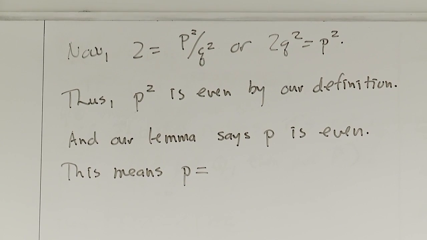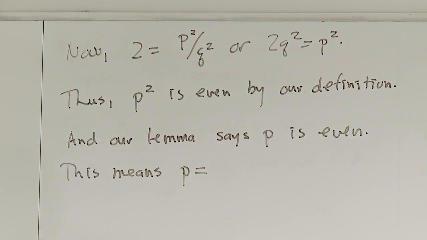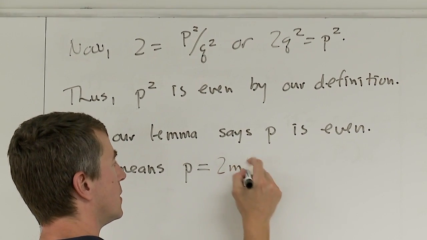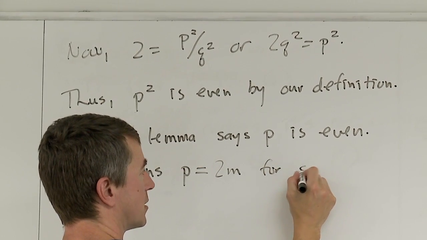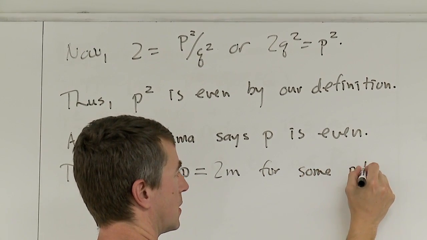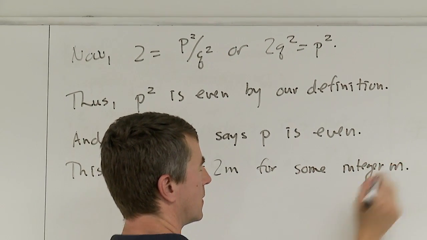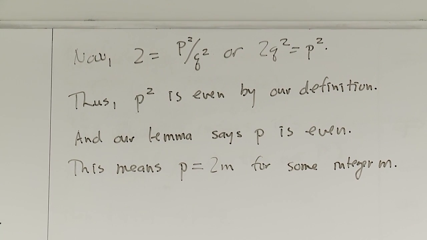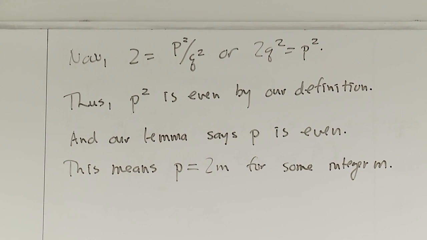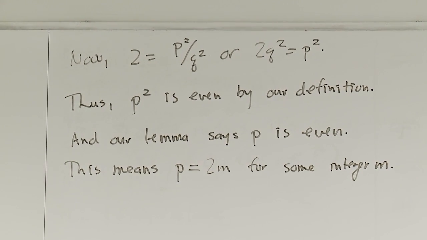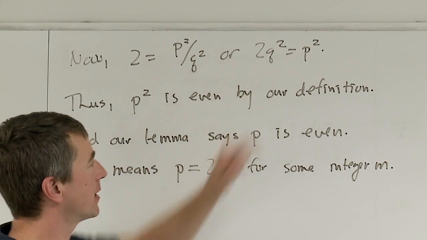No, that would be odd. I'm sorry, 2m. Yeah. So that means p equals 2m for some integer m. That's what it means to be even, right? Well, let's see what consequences that has for our equation.